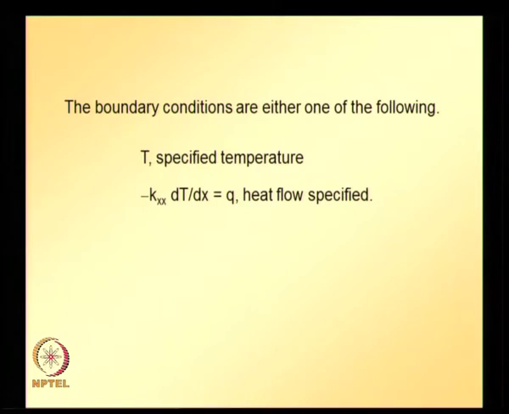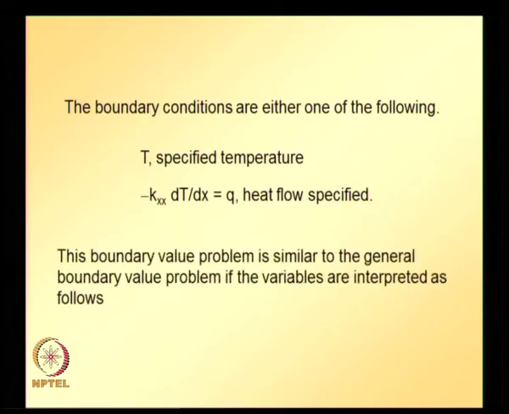So now for this particular case of heat conduction and convection, we can obtain element equations by making a comparative table between the corresponding quantities in the general one dimensional boundary value problem and the variables in this particular case.